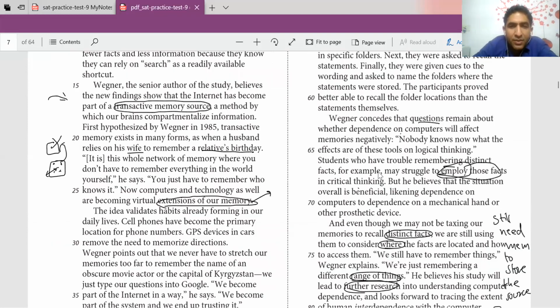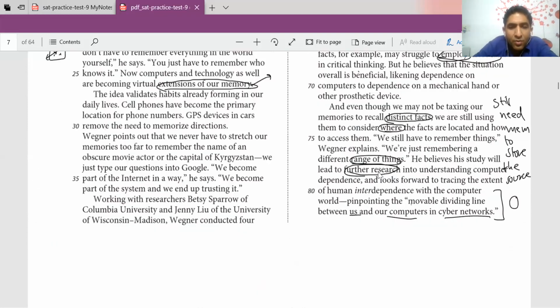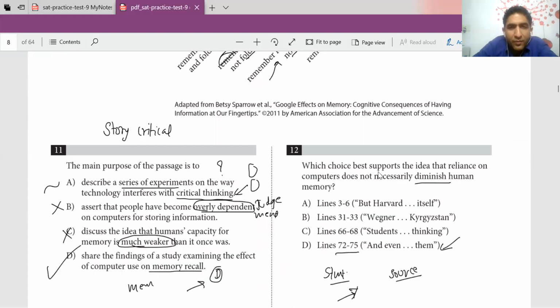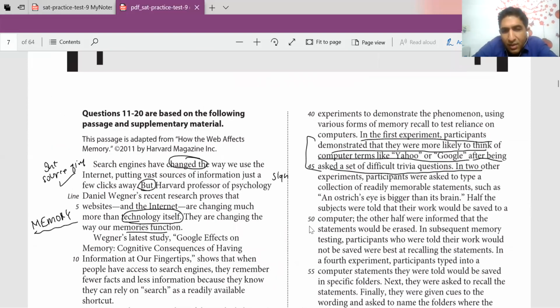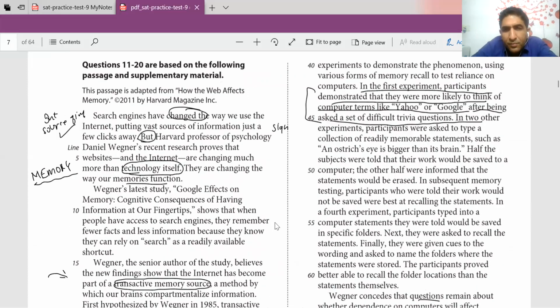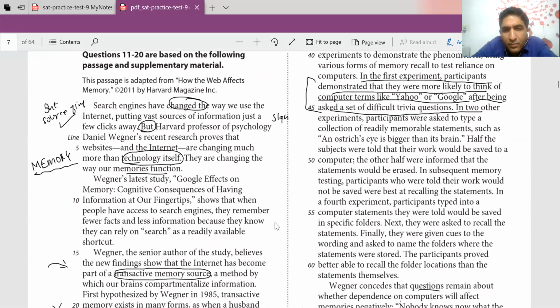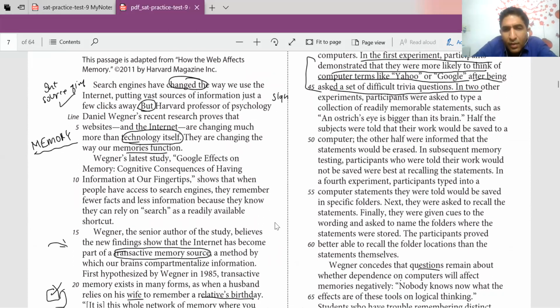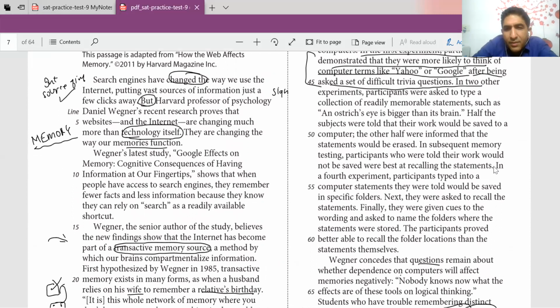Give me an explanation. So according to the fourth experiment, let me see if there's some word related to the fourth experiment. In the fourth experiment, here it is.